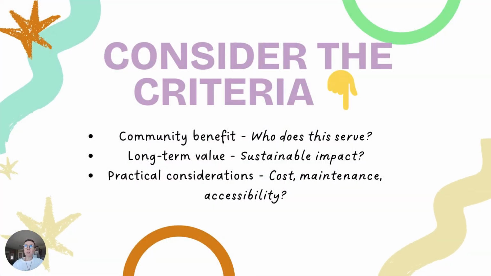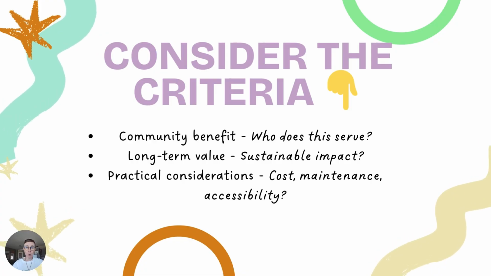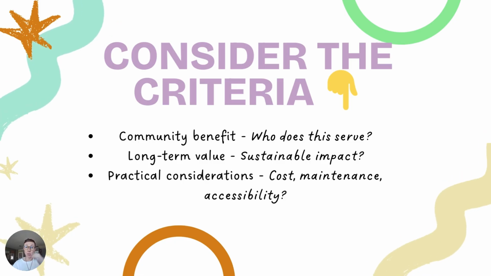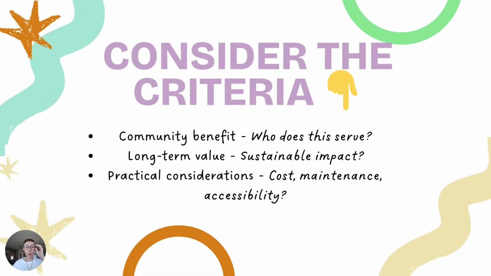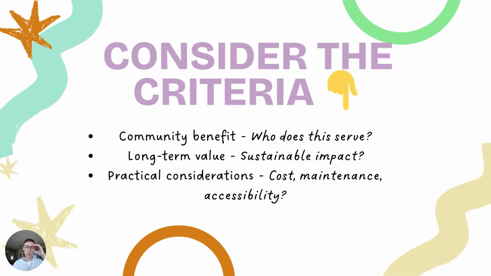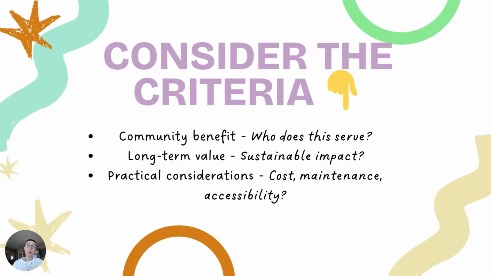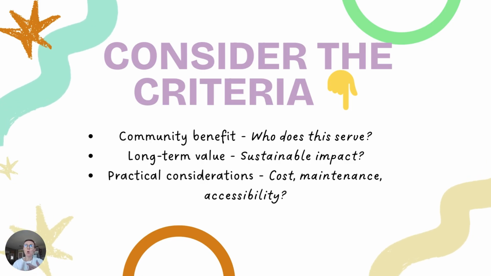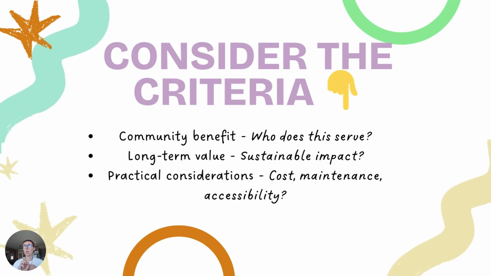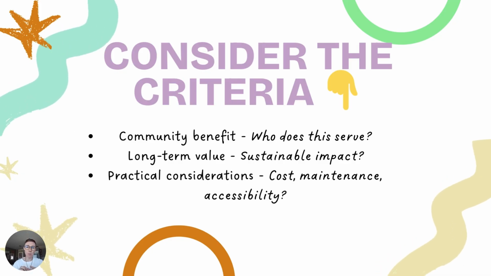So with this specific example that we're discussing today about which of the services should receive funding from local authorities, we could consider the criteria. We could consider community benefit. So who would the sports centres serve? Who would the museums serve? Who would the public spaces serve?